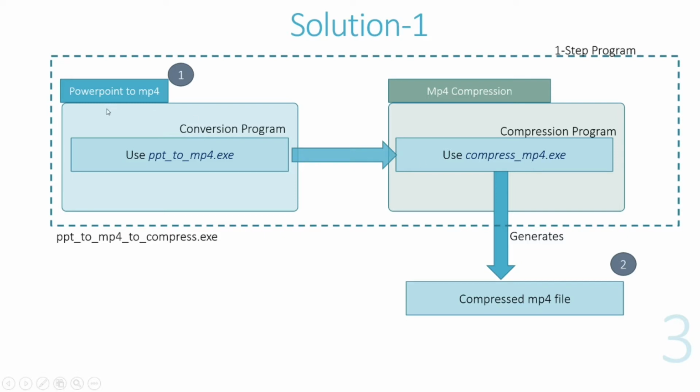So internally there are two programs running. One is conversion of PowerPoint to MP4, and the second one is compression of MP4 to compressed MP4. So this is the first solution that involves only one exe or one program.